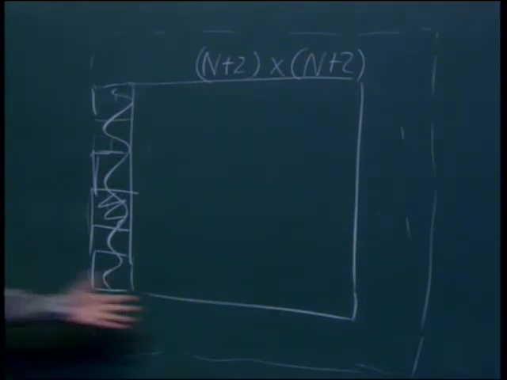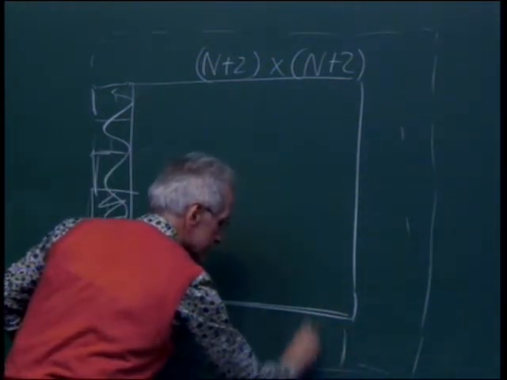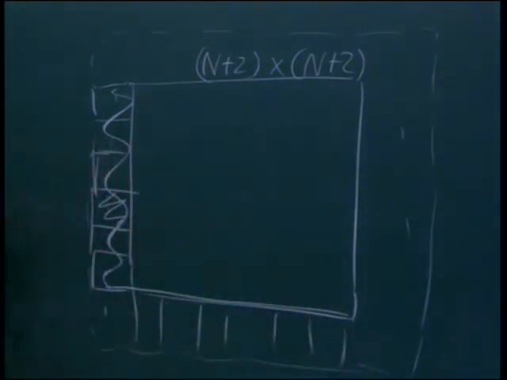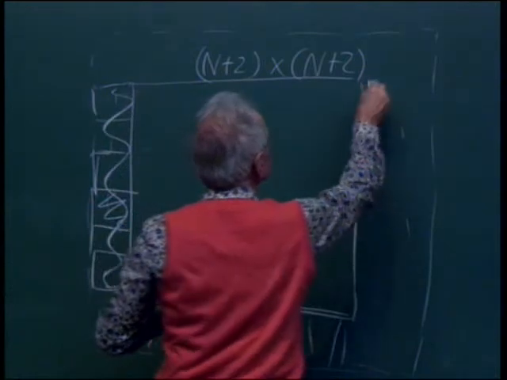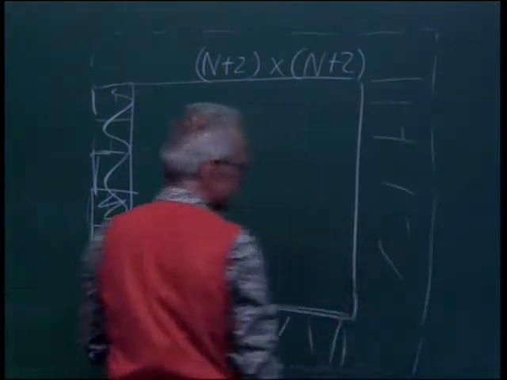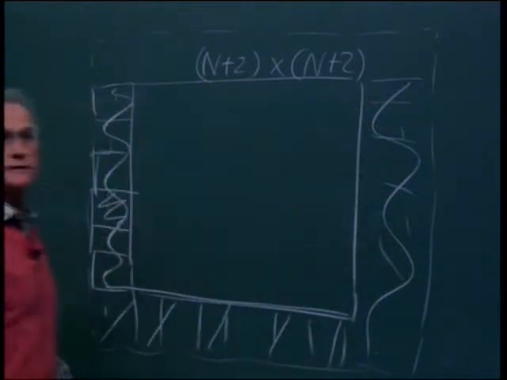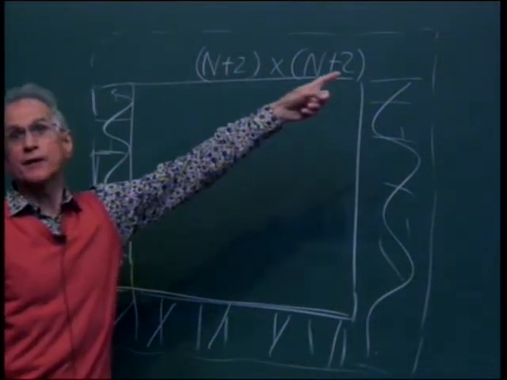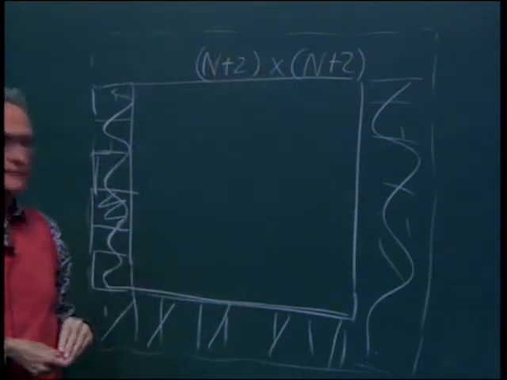Now if any one of these cells sitting here is infected, the percolation spreads to that one. And if any one of these, so it's a bit thick, is infected, then the percolation spreads to that one. And if any one of those n plus 2 sites is infected, we have done it.